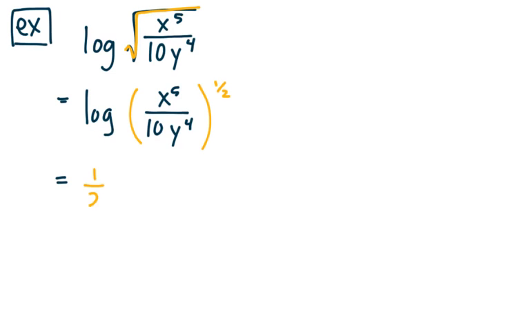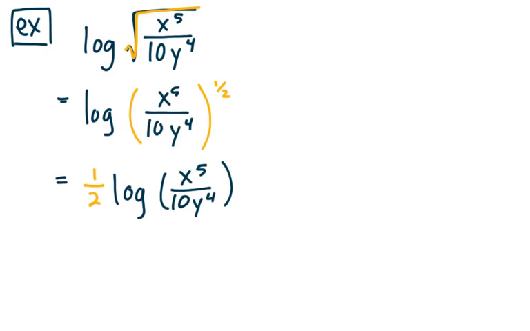By the power rule, this is 1/2 times the log of x to the 5th over 10y to the 4th. In this situation, as we expand, we need to make sure that we are distributing that 1/2 to all of those logarithms. So I'm going to wait until the end to do that, but I'm going to use parentheses to keep it all grouped together. All right, so the 1/2 is going to be in front of everything.